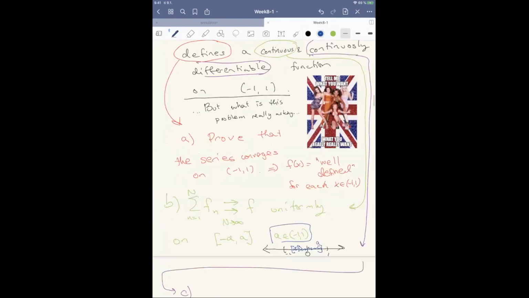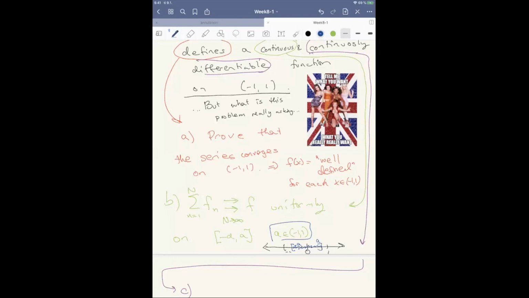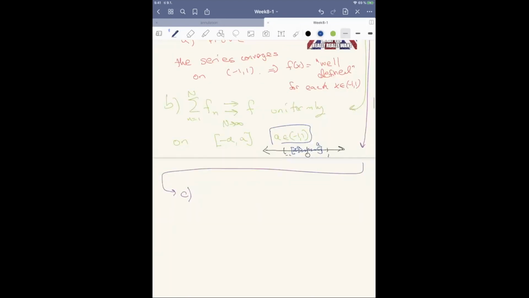And similarly, in the third thing, when I ask you to prove that this is continuously differentiable, assuming that you've already done A and B, I'm really, again, only asking you to apply a theorem.